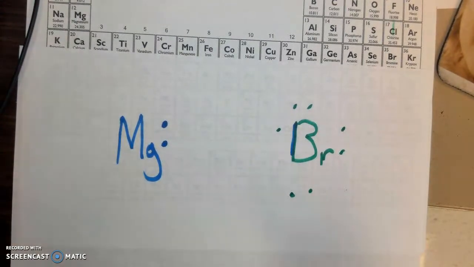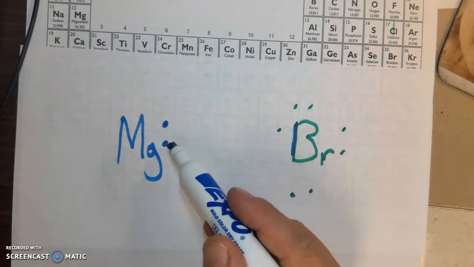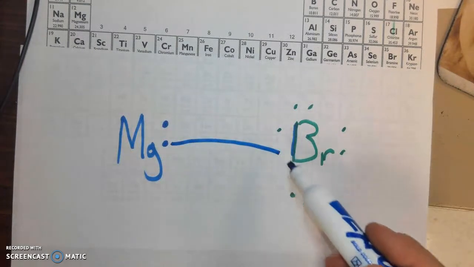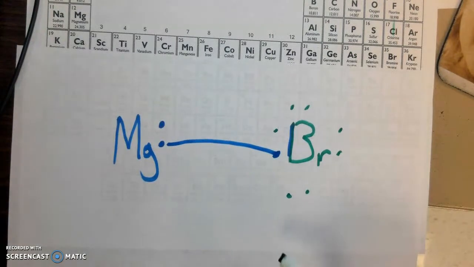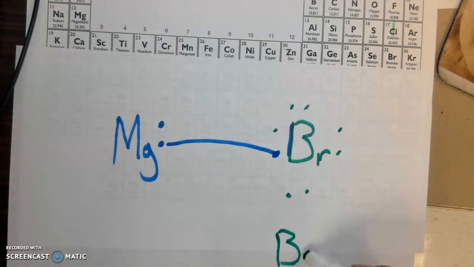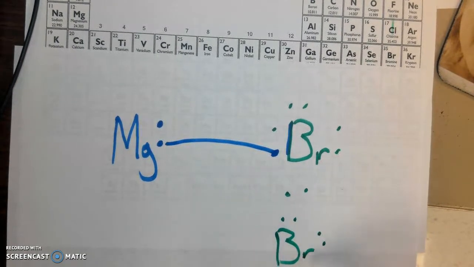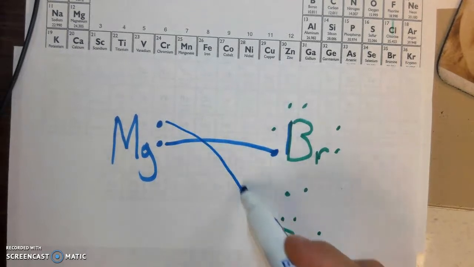So how many magnesiums and how many bromines? Well, bromine's going to take this electron, and that's going to fill the rule of octet. But in order to satisfy the rule of octet for magnesium, you're going to need another bromine. 1, 2, 3, 4, 5, 6, 7. So now you've filled the rule of octet for everything.